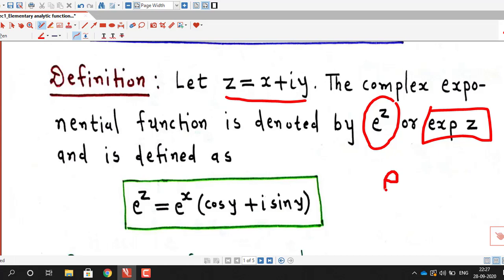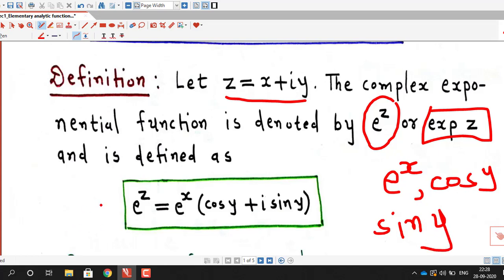So we are using these three real functions, e raised to x, cos y and sin y, to define the complex exponential function.